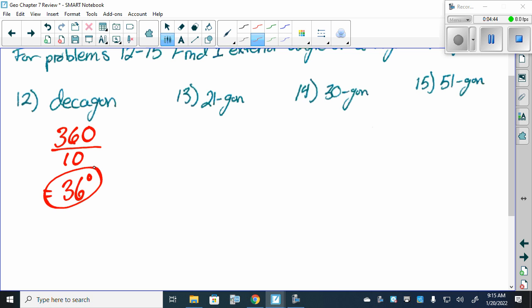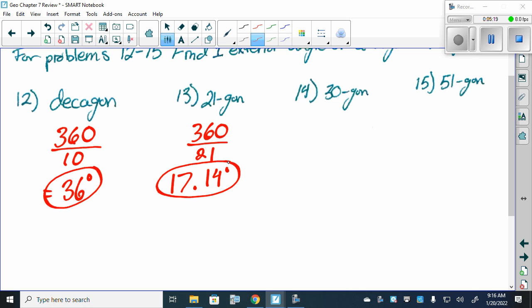So for a 21-gon, we would take 360 and divide it by 21. 360 divided by 21 is 17.14, or approximately this. Because not every number will divide into 360 evenly. Any other questions on these here?